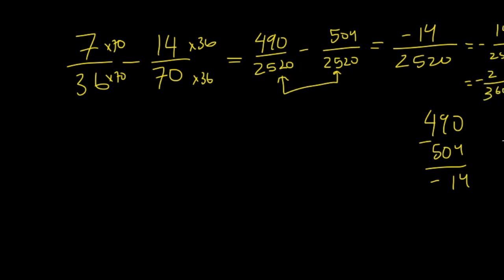And I can leave it as that. Or I can divide again, because I want to get it as simplified as possible. So if I divide by 2 this time, since I know that they're two pairs, I'll get negative 1 over, and 360 divided by 2 is 180. So my final answer is negative 1 over 180.